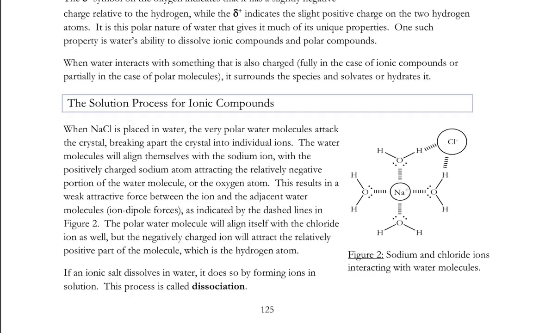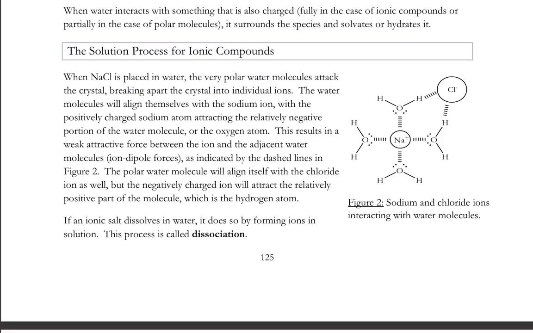Due to the polarity of water, it can dissolve many ionic compounds. It dissolves sodium chloride, where the oxygen end, the partial negative end of water, likes the Na plus, and the partial positive end, the hydrogen end, likes the chloride ion. And as we went over in the chapter 4 handout and the video, that causes sodium chloride to dissolve in water.